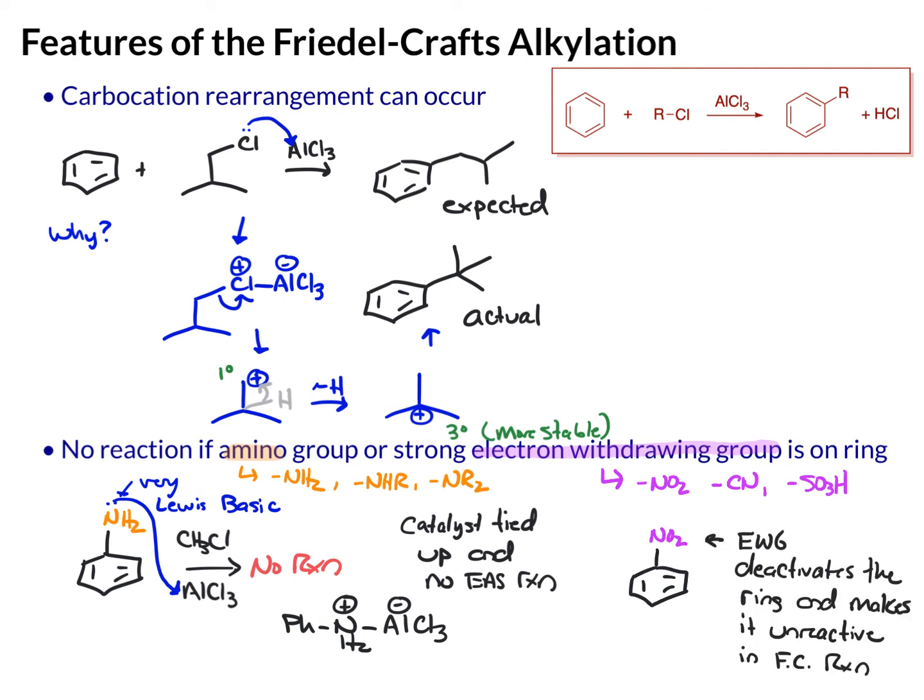So I'll just put this: the electron withdrawing group deactivates the ring and makes it unreactive in the Friedel-Crafts reaction. One important feature to distinguish is that this is just the case for Friedel-Crafts reactions. If you do halogenation or nitration or something like that, these electron withdrawing groups aren't nearly as problematic. So this is specific to Friedel-Crafts reactions.